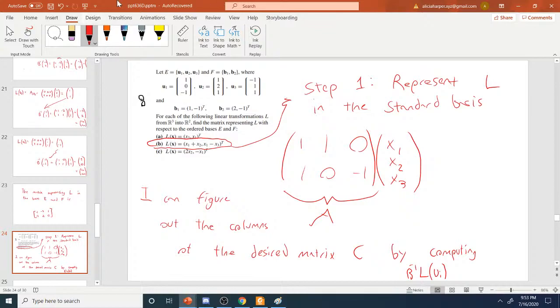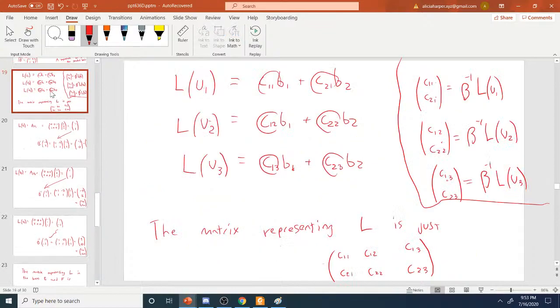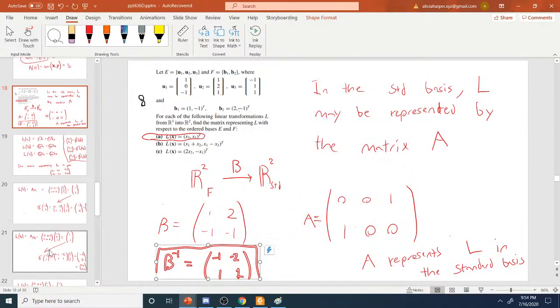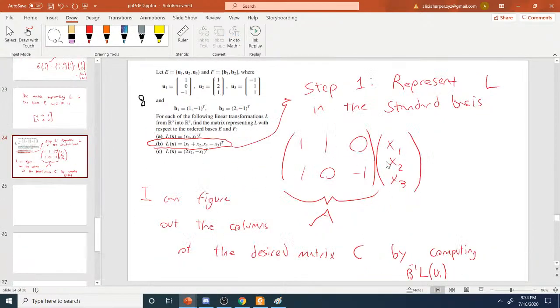Fortunately, this is the same B inverse we computed earlier, so nothing changes, because we're still using the same basis B. So I can bring that down here.